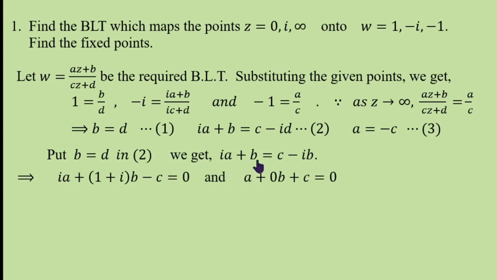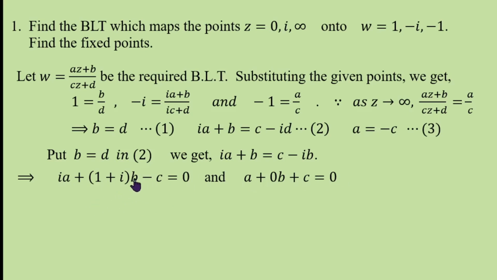One is iA plus (1 plus i)B minus C equal to 0, and equation 3 is nothing but A plus 0B, no B here, so 0B plus C equal to 0. To find A, B, C, use the simple method that we already studied in 8th standard: just take the coefficients.